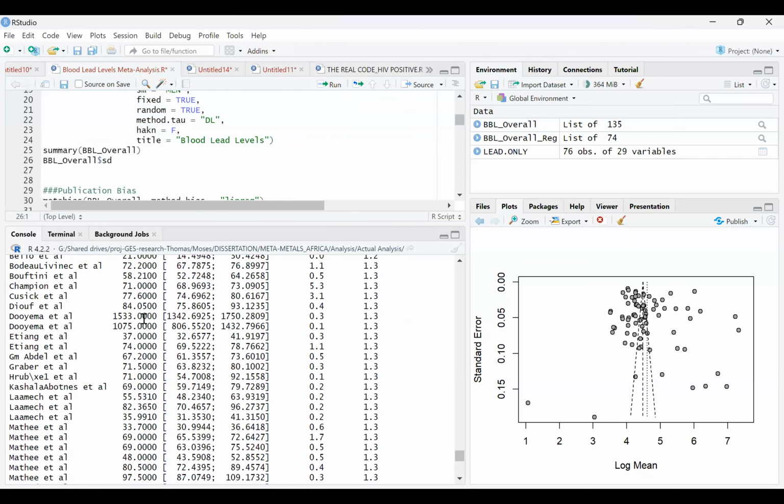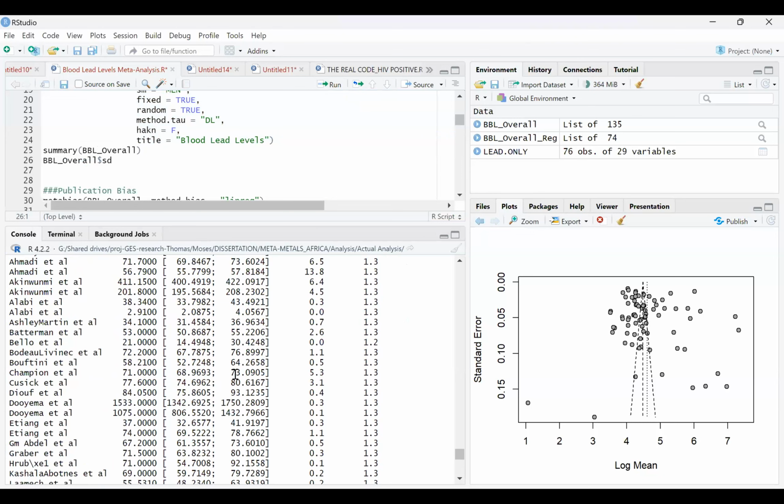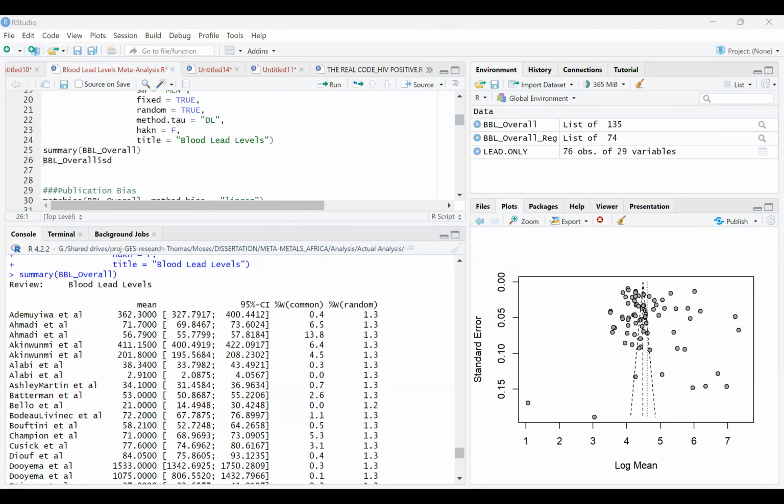Yes. Okay, somebody wants to see the structure of the data. I'm coming.